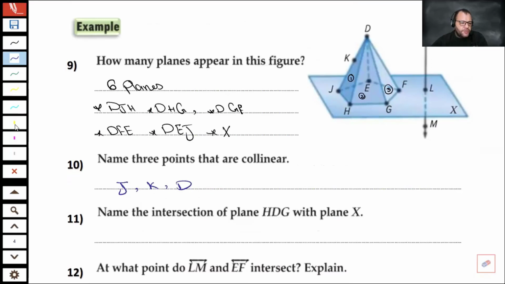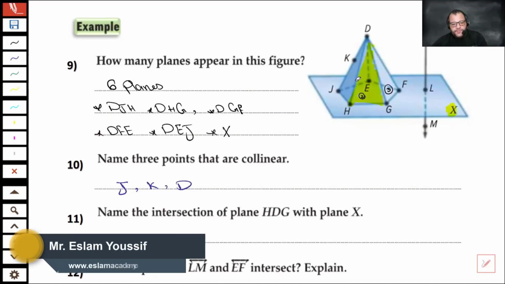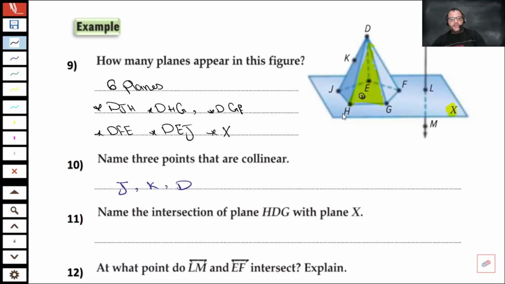This plane, H, D, G, and the plane X. Where are they intersecting? What is the intersection of the plane DHG and the plane X?